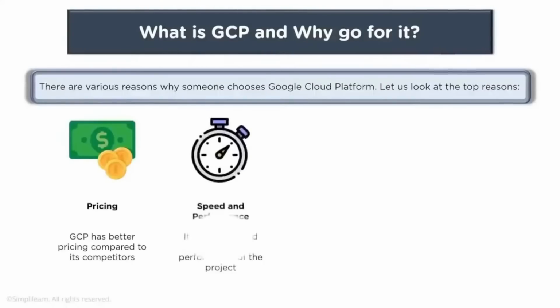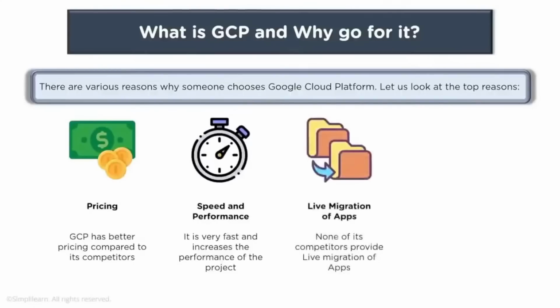When you talk about speed and performance, it's very fast and increases the performance of your project if you use different services offered by Google. Live migration of apps is one of the features which organizations usually like, and none of the other competitors are offering it.